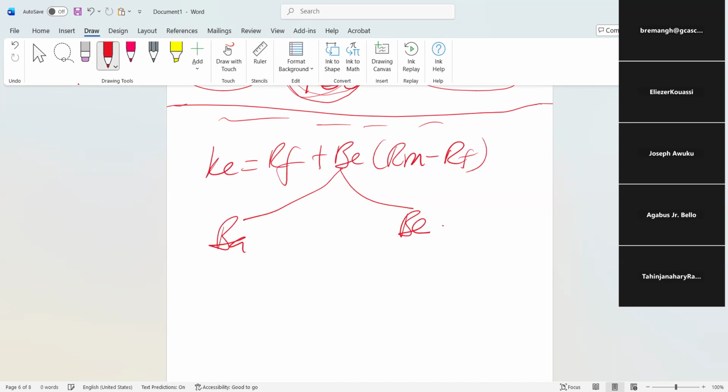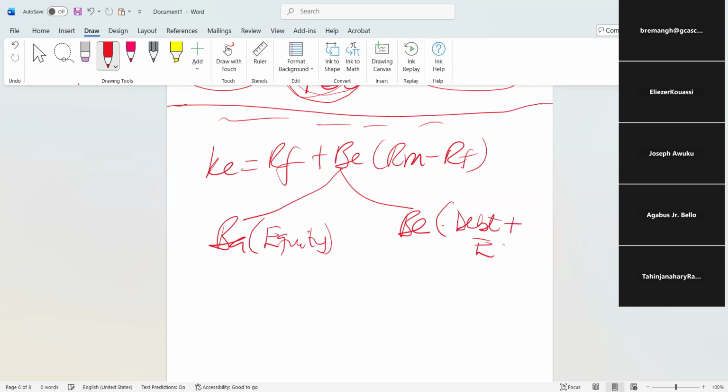Listen to it as a story. Asset beta is used when the company is only financed by equity. Equity beta is rather used when the company is financed by debt and equity.